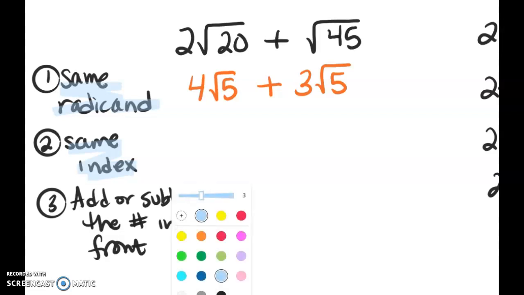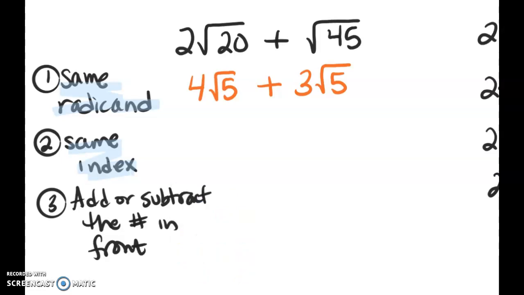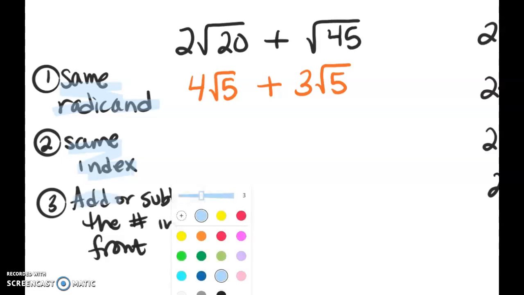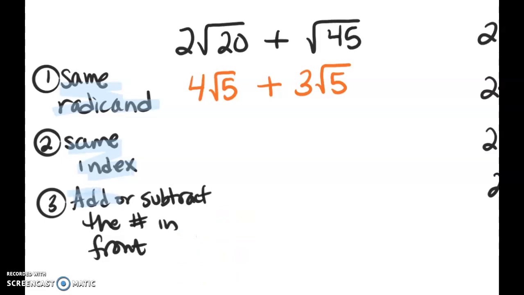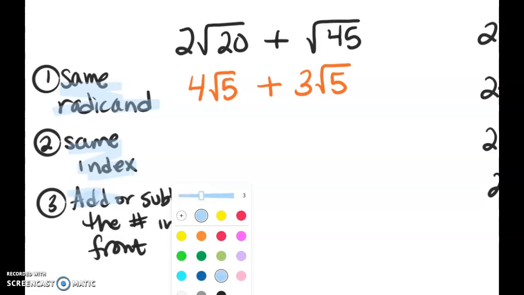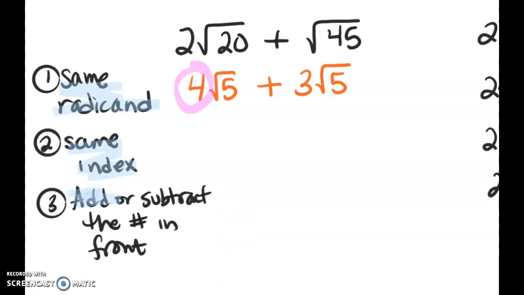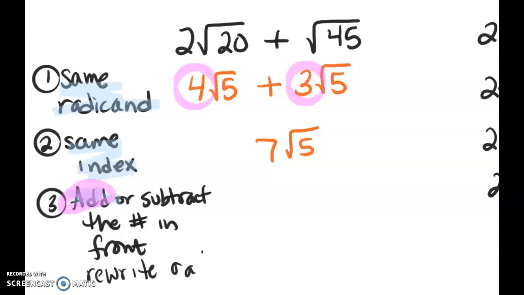And so now that that's true, I can add, this time I would add, because there's addition here, I would add the 2 numbers that are in front, so the 4 and 3. So I add those 2 together to obtain 7 square roots of 5. So I rewrite, I'm going to say add or subtract the number in front and rewrite the radicand and radical.